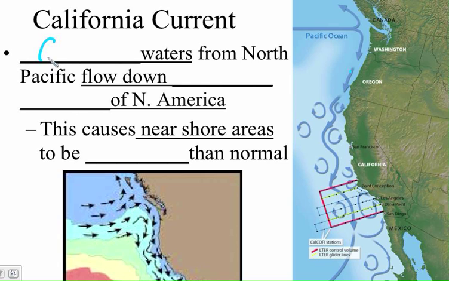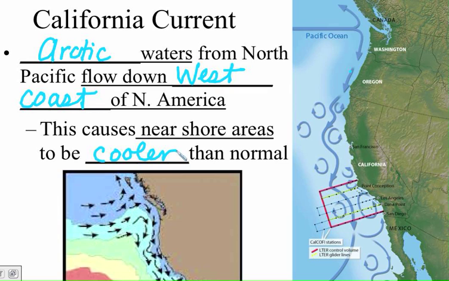We see a lot of Arctic water traveling down from the North Pacific Ocean, that west coast of North America. The California cities tend to then have cooler temperatures than normal due to that cool ocean water coming in contact with the warm air, cooling it ever so slightly.